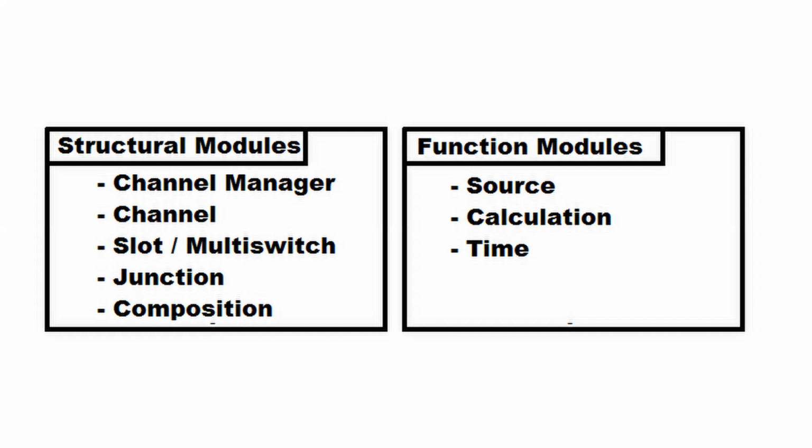I'm coming to that. Now on the right side, I'm talking about the function modules, and currently I have 3 different types of function modules. There can be a source. A source is everything where data are generated or provided. That can be the sticks or the switches or something which comes from external.